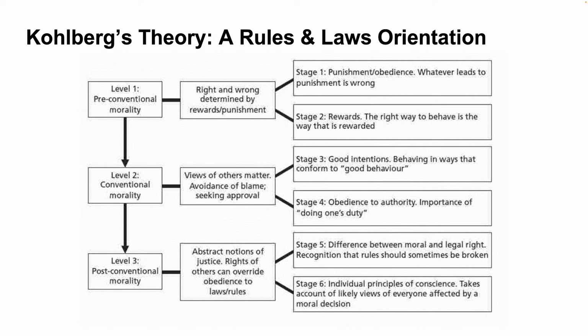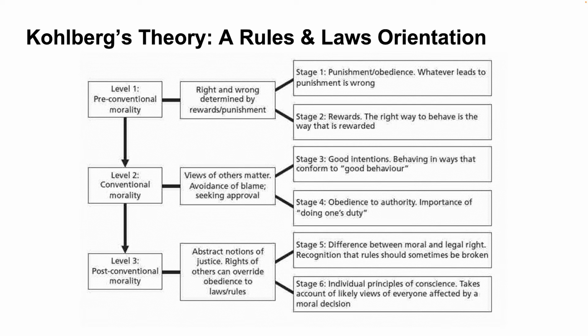Each person who has done this looks at it a little bit differently. And if you get interested in this, look up Nucci and just look up theories of moral development, and you'll get a lot of those. Finally, the highest level is post-conventional morality, and now it becomes more abstract, so that the rights of people can override obedience to laws and rules.